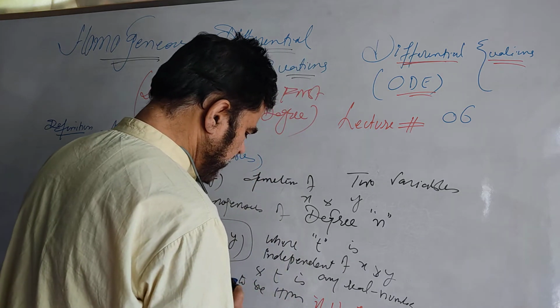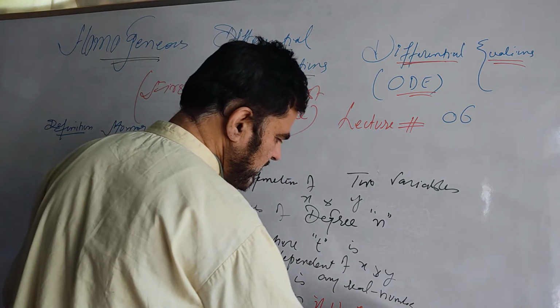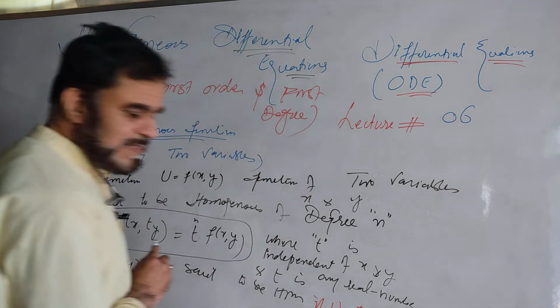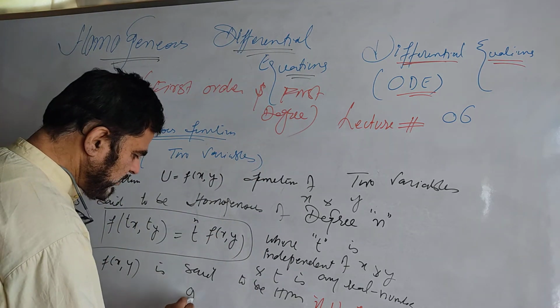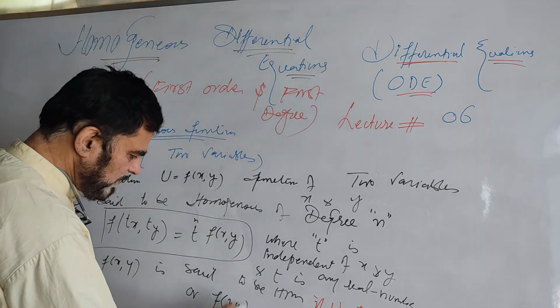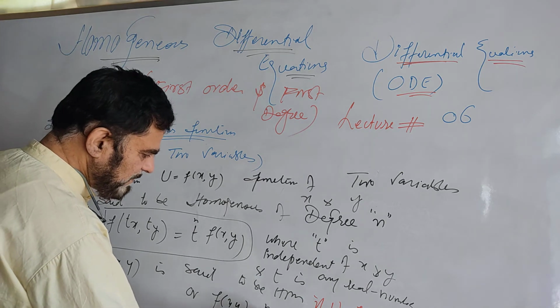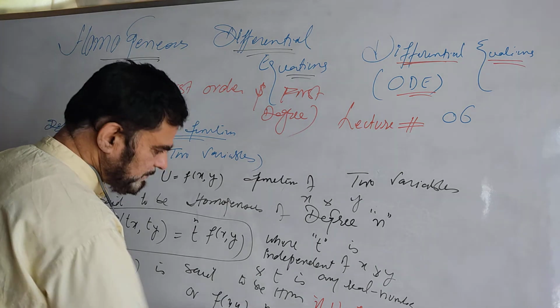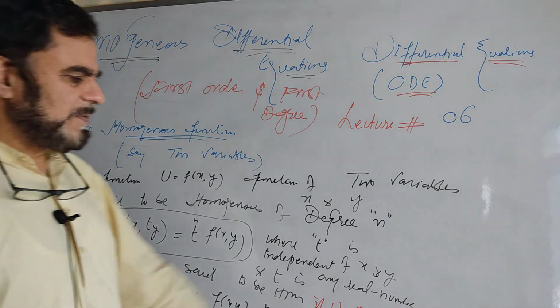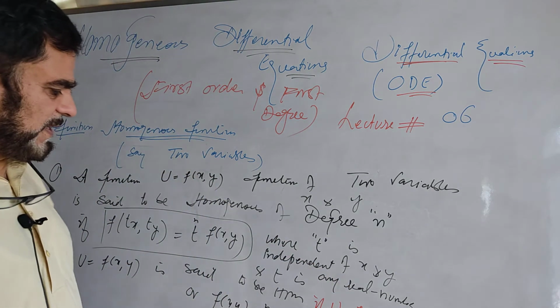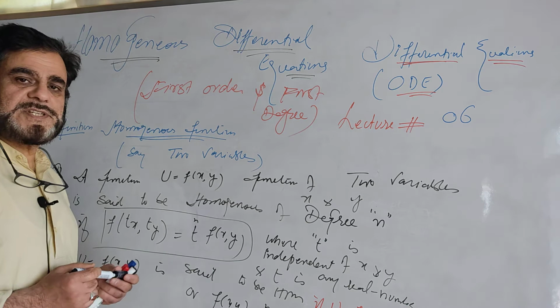Here the power n you get is known as the degree. Or you can put f of x, y in the form y raised to power n f of x by y. In this case also we say it is homogeneous.